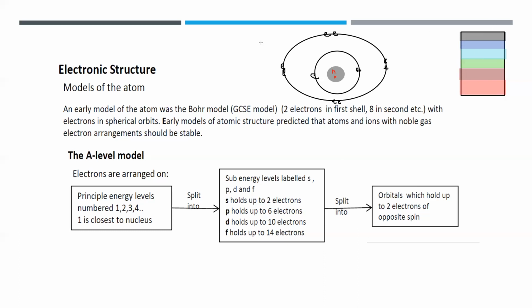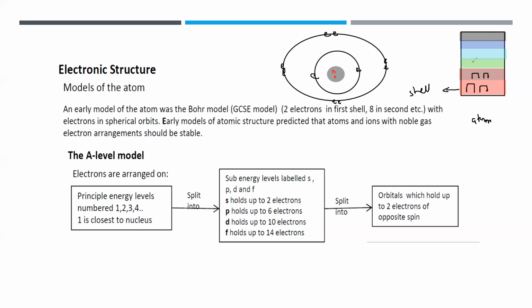So if you consider the atom like a building, this building will have floors. These floors, you can refer to them as shells. So the building consists of floors, and the atom consists of shells. Shells are like floors. And each floor will have rooms.